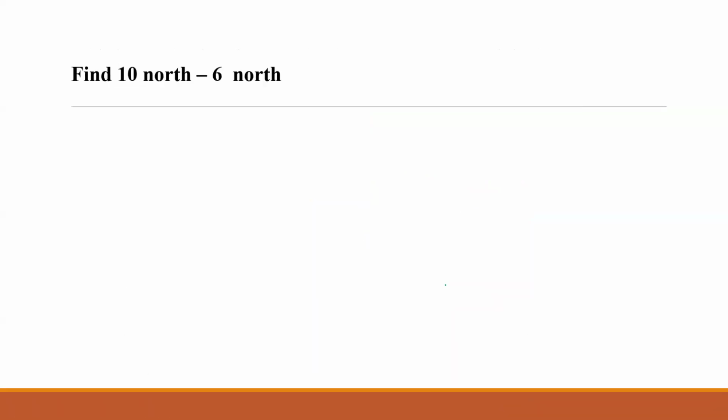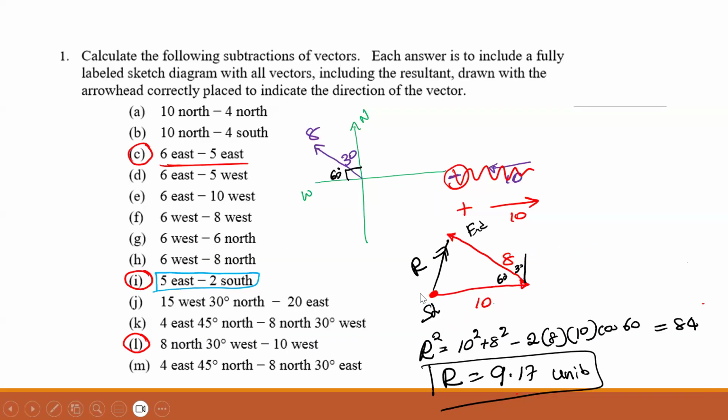So maybe this angle. We need to use the sine rule now. So sine theta divided by the opposite length, which is 8, is equal to sine 60, we know this angle, divided by the opposite length, which is r. We found it 9.17. So we can find sine theta.